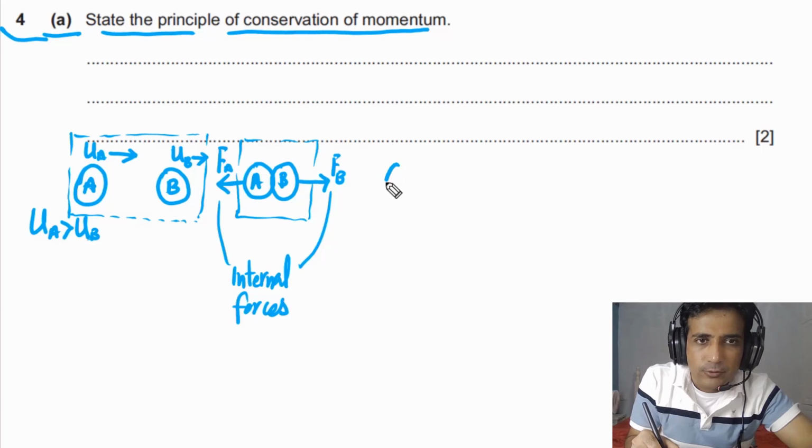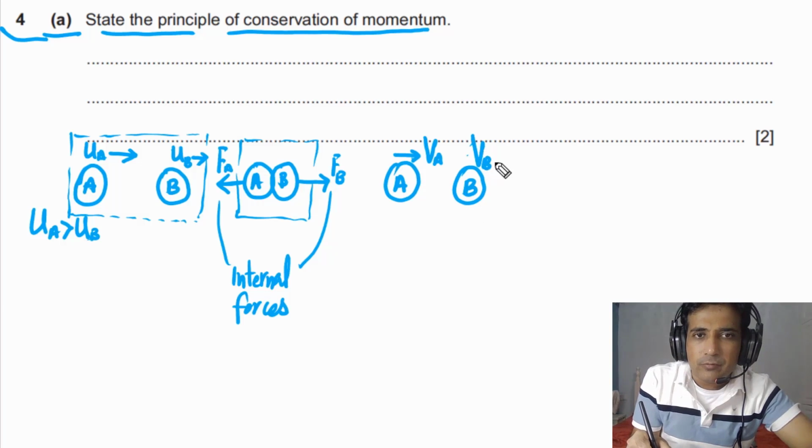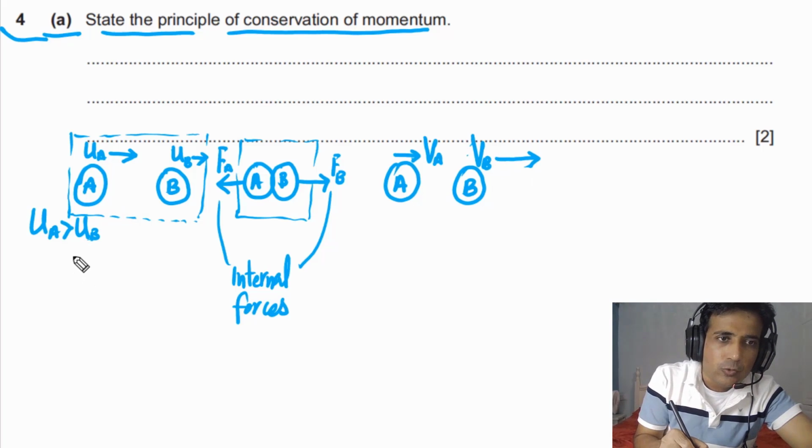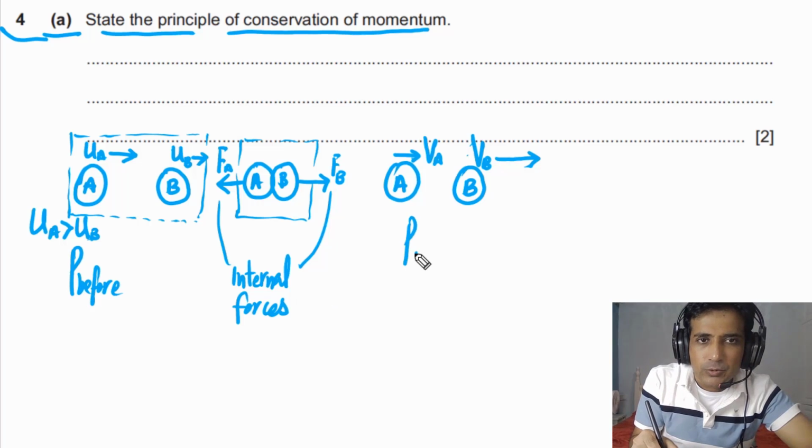Then after this collision, we will see this is ball A. It will continue moving this way, or it will bounce back. That is a different situation, but we are simply assuming they will continue moving in the same direction. So this is ball B. Then this ball B will have speed VB, and it will go this way. So the momentum before collision, P before, will be equal to P after.